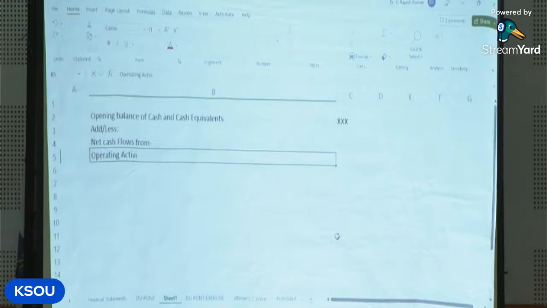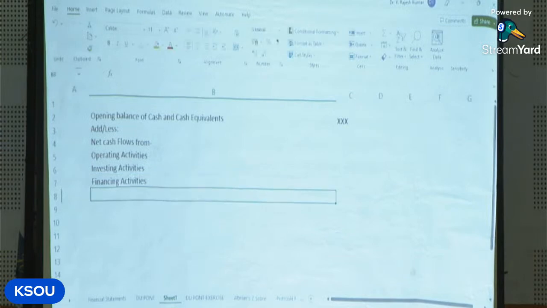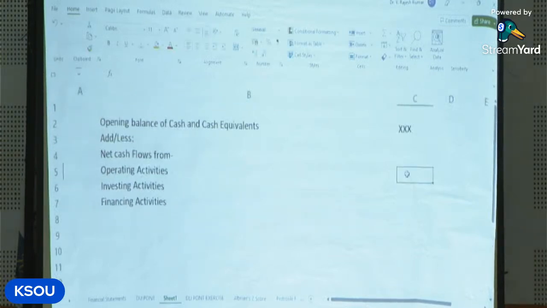Operating activities, investing activities, and financing activities. Now, when I say net cash flow, what do we understand, sir?